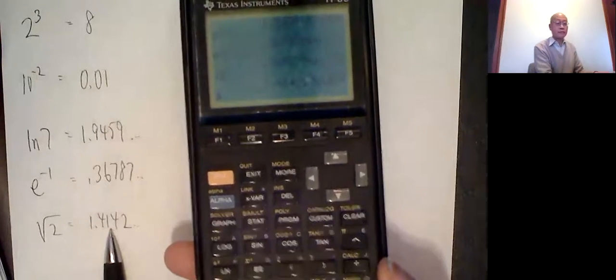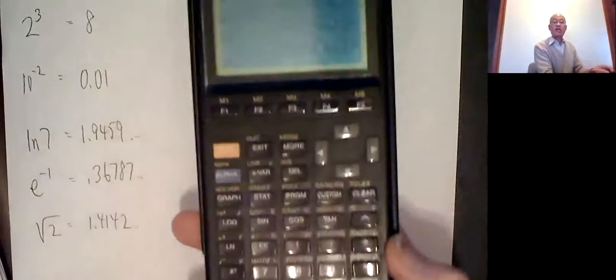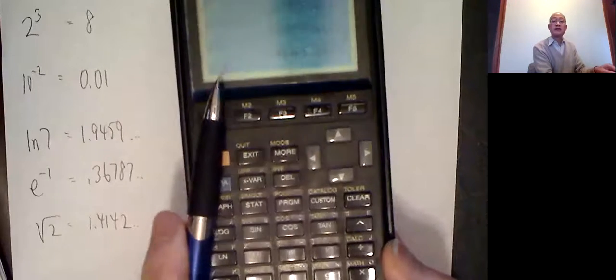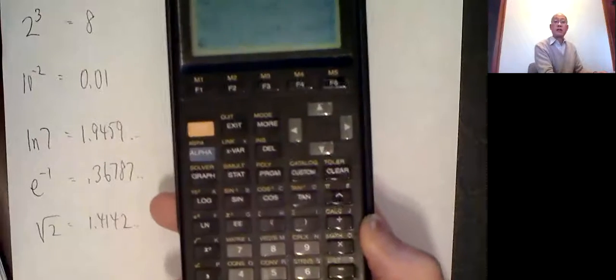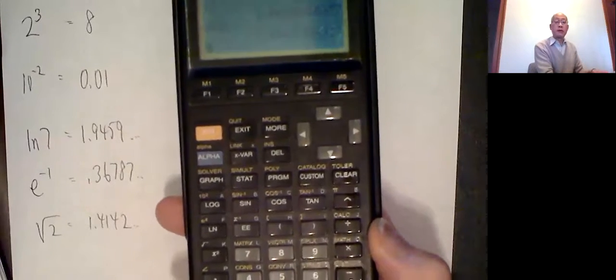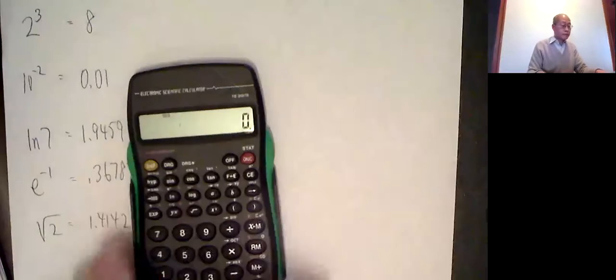1.414213. Once again, if you hit second function square root and it shows up with a left parenthesis, then close it. After I type in 2, close it with a right parenthesis. Same thing, 1.414. If you can't see it, it shows up better on the other calculator.